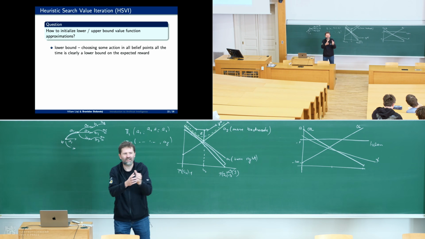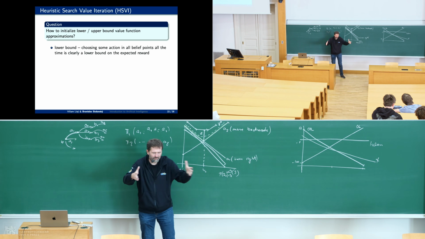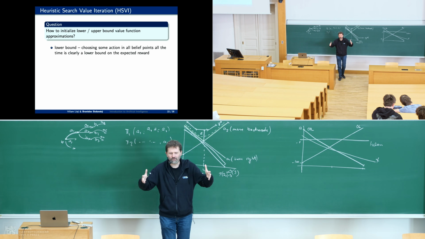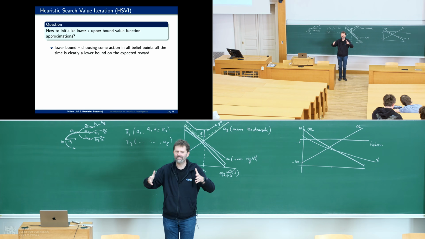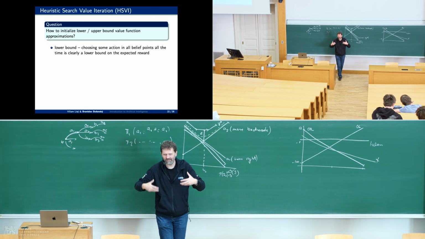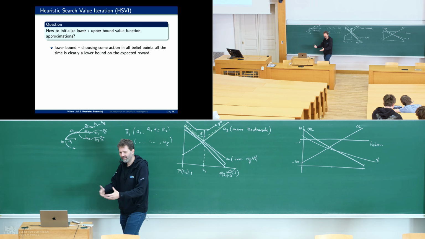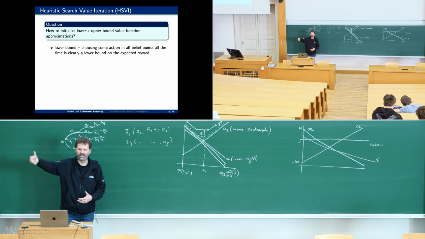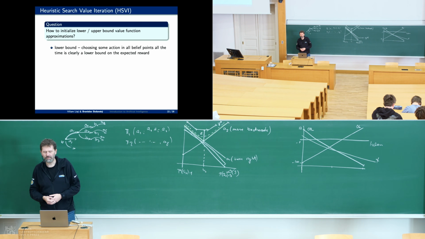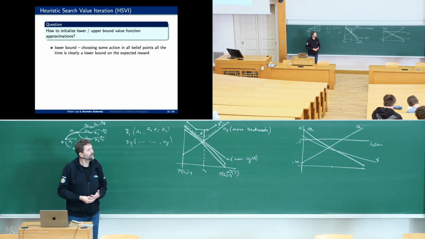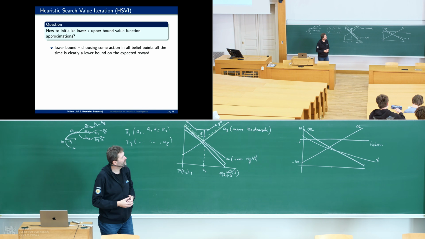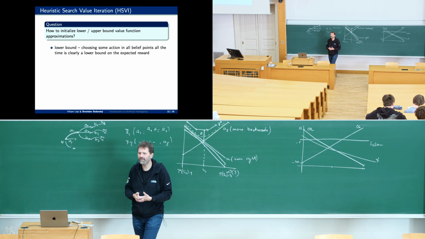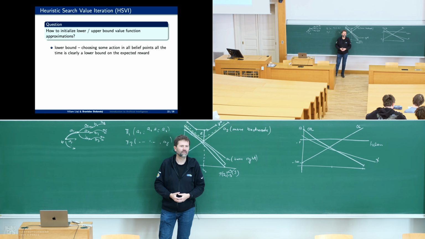For example, I know that the cost to goal would be 10, and if my heuristic is optimistic, then it would be less in terms of cost and higher in terms of reward. So it's a higher value, it's an upper bound. So how can we compute a good heuristic, optimistic value for a POMDP?